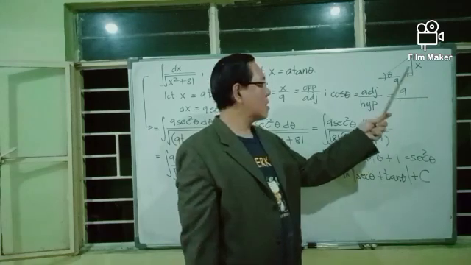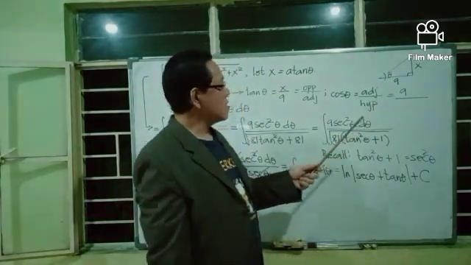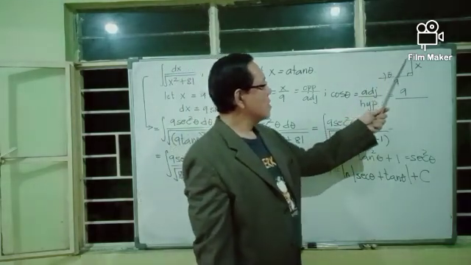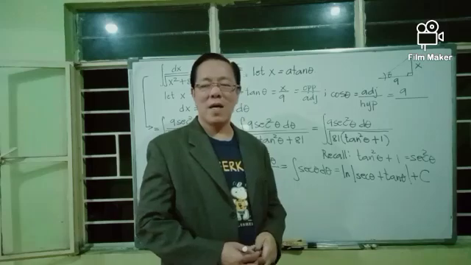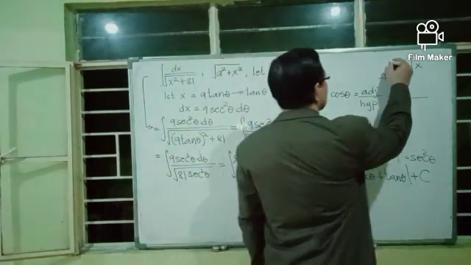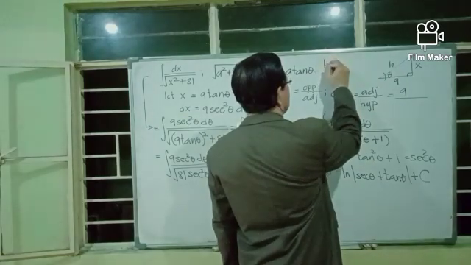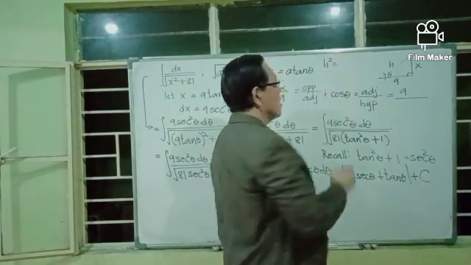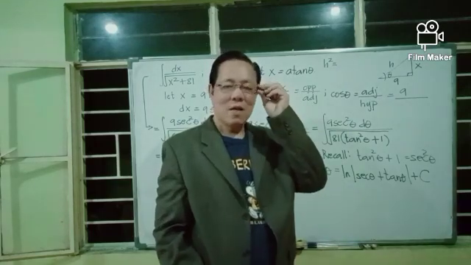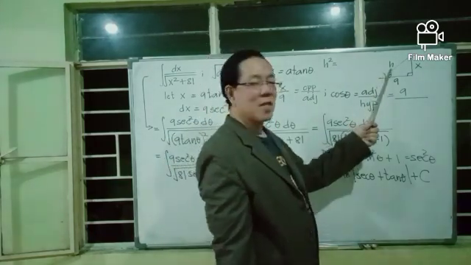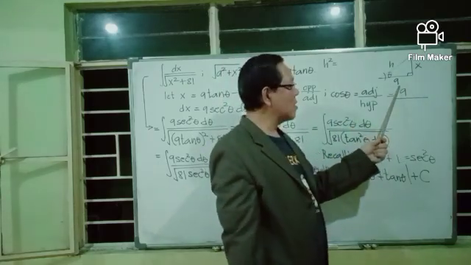We can get its length by the Pythagorean theorem, which says that the square of the hypotenuse, which we denote by h squared, is equal to the sum of the squares of the two other sides.